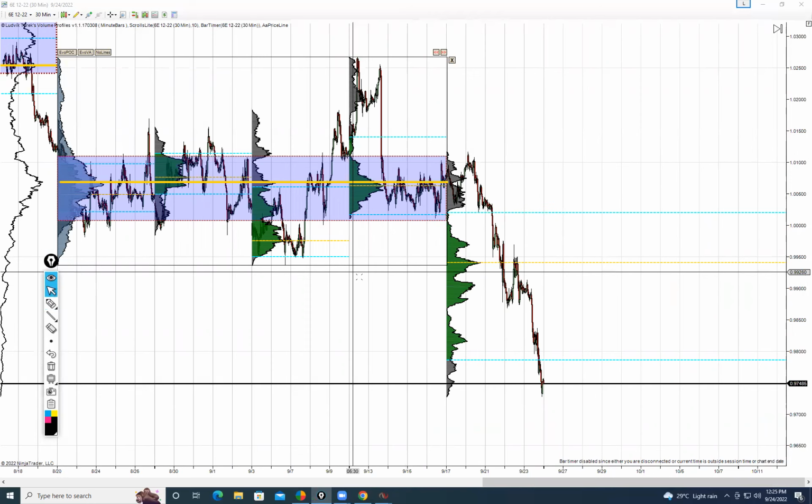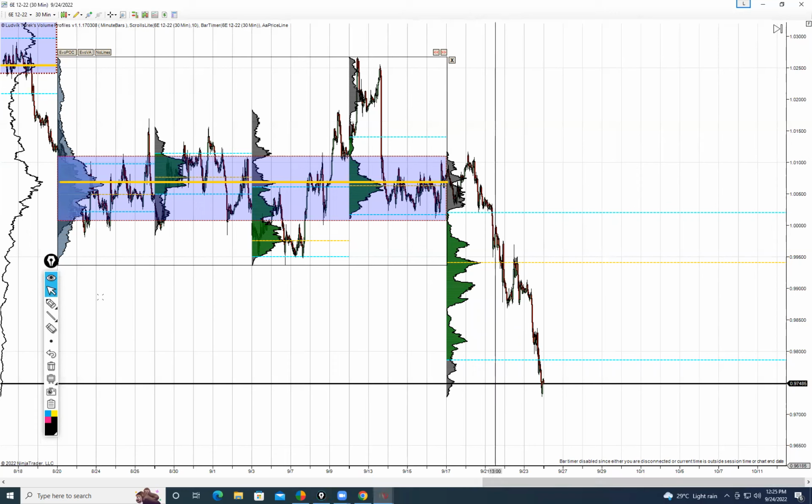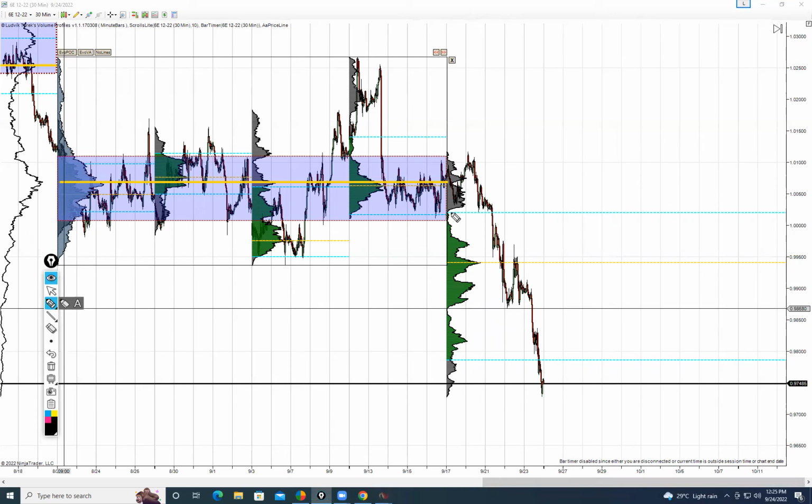So if we are to look at this in proper view, you will see that this week still also had some overlaps within this composite and also this value area. So we are having a very large overlap in euro.